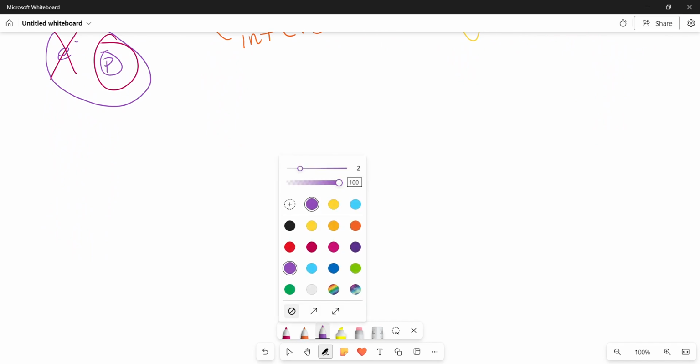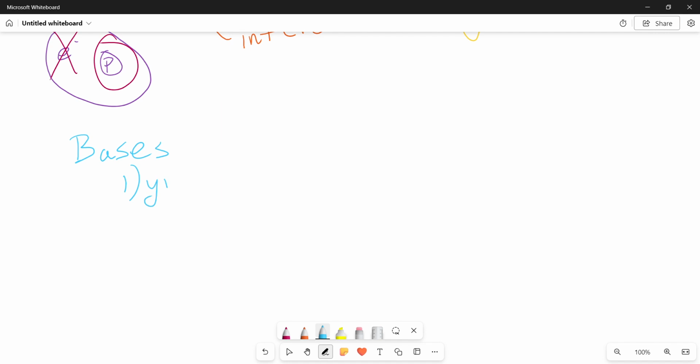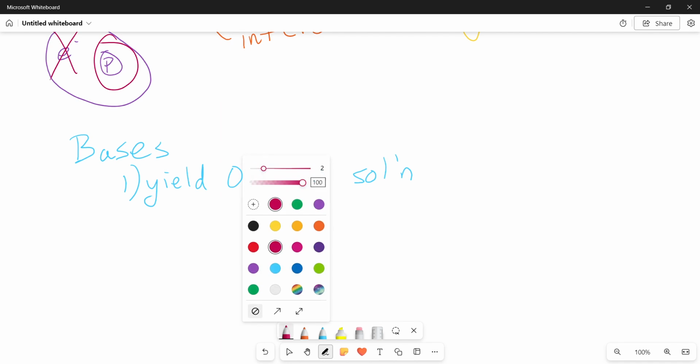Let's talk about bases. So there's two definitions for bases as well. So the first definition is that bases yield OH minus in solution. So this is fairly straightforward.